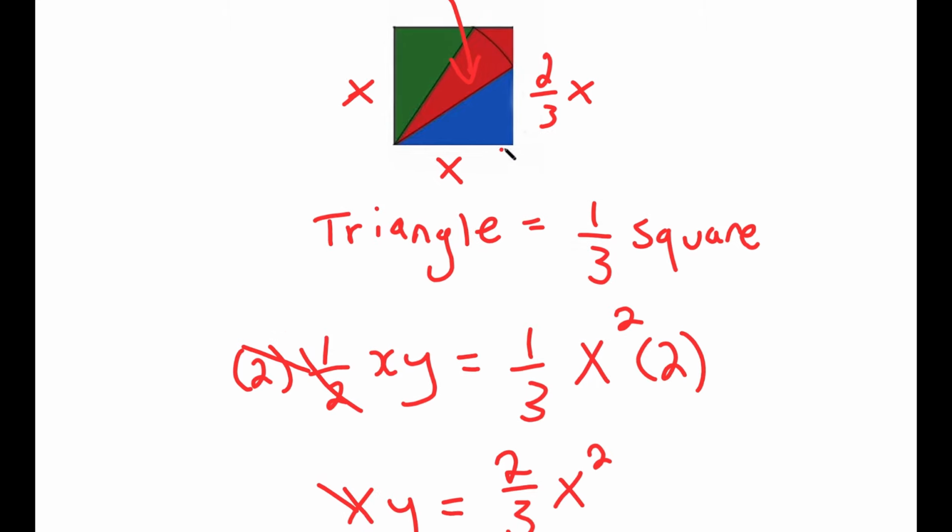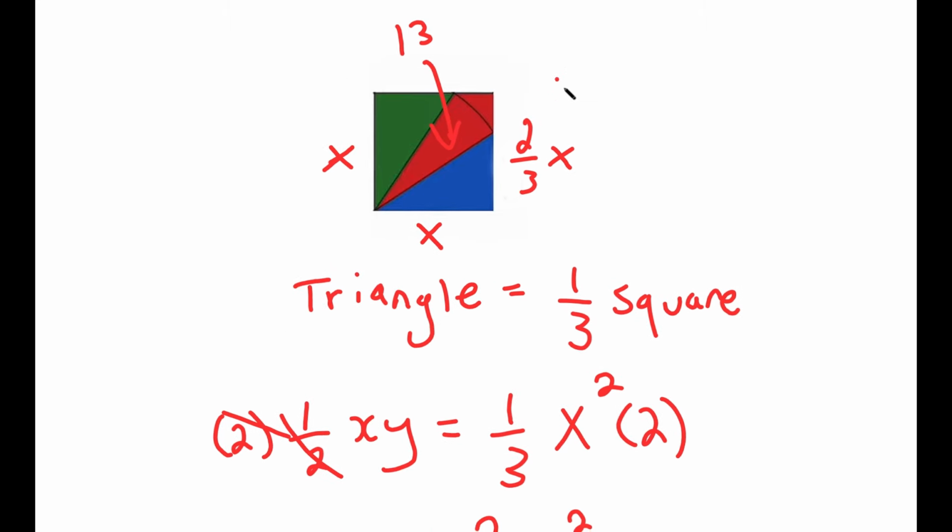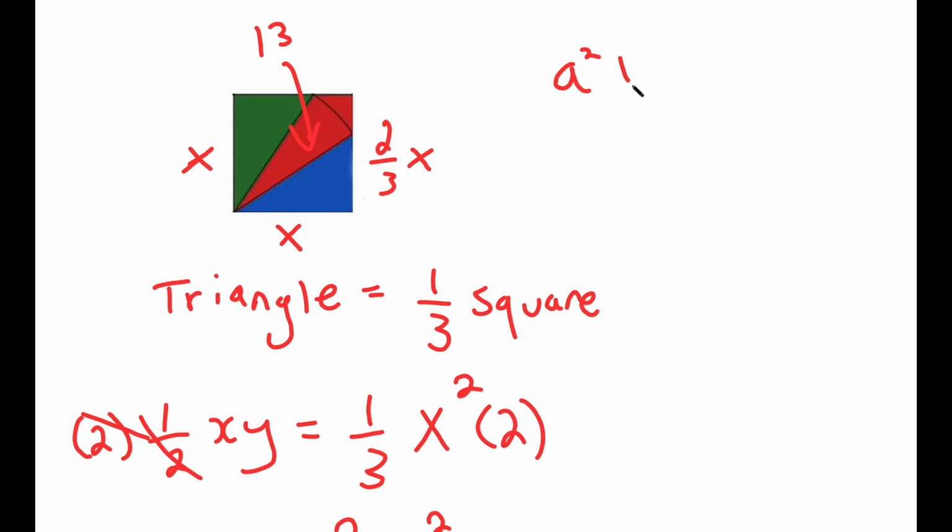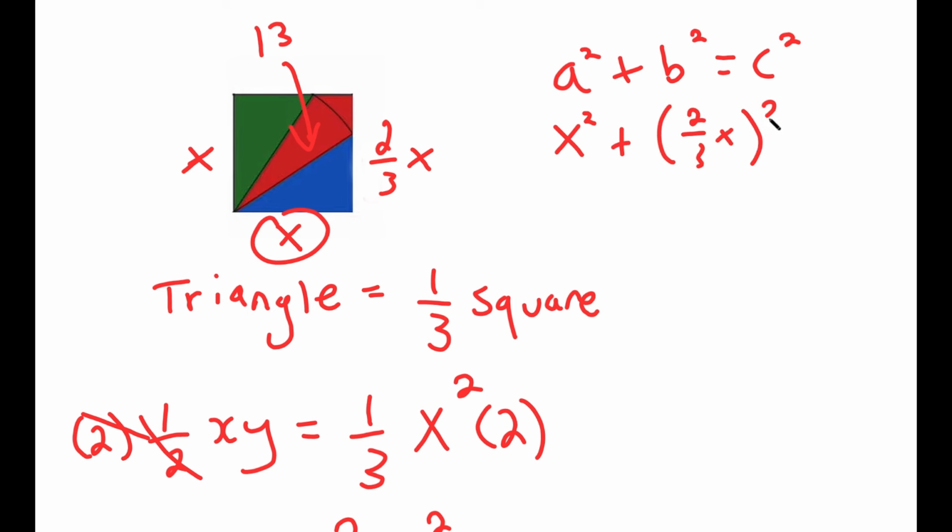So now to solve this, we can use the Pythagorean theorem, which is a squared plus b squared is equal to c squared. Now in this case, a is x squared plus b is 2/3 x squared, which is equal to 13 squared.